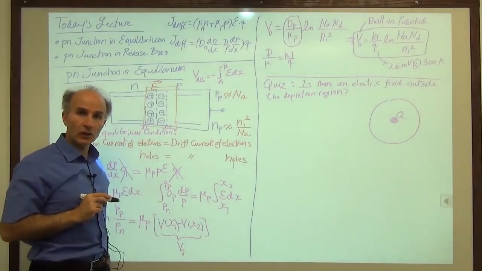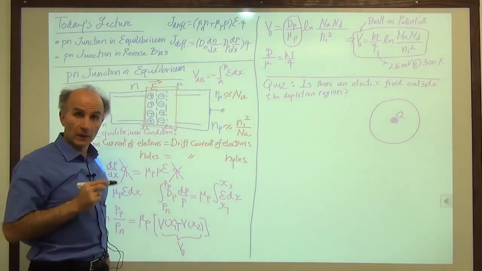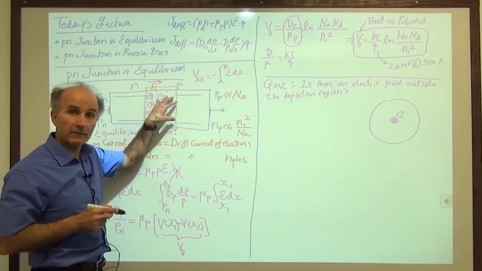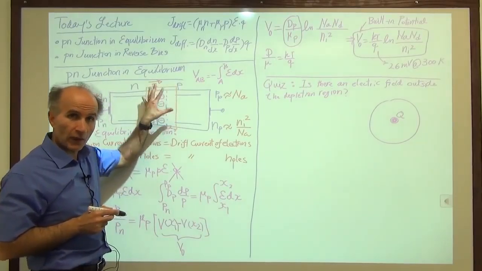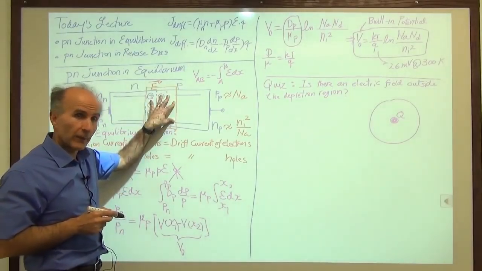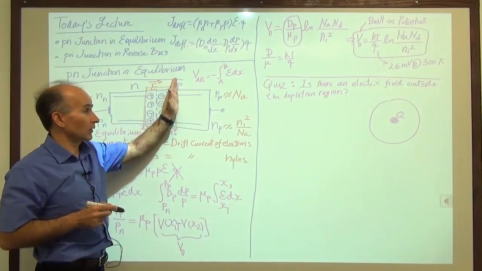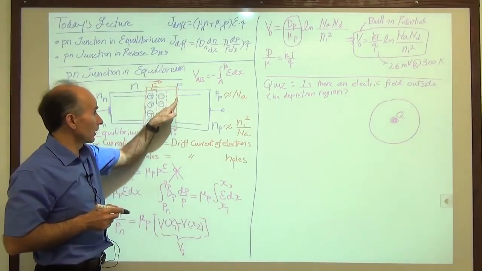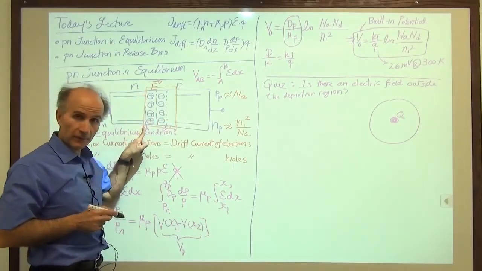So what is the net charge in the surface? It's 0 because we have as many positive ions as negative ions. So the net charge inside the surface is 0, which means the integral of electric field has to be 0, and the electric field turns out to be 0 on this surface and on this surface.